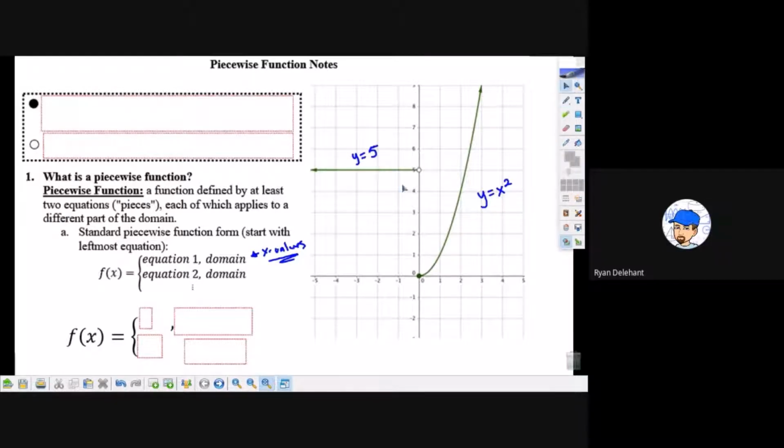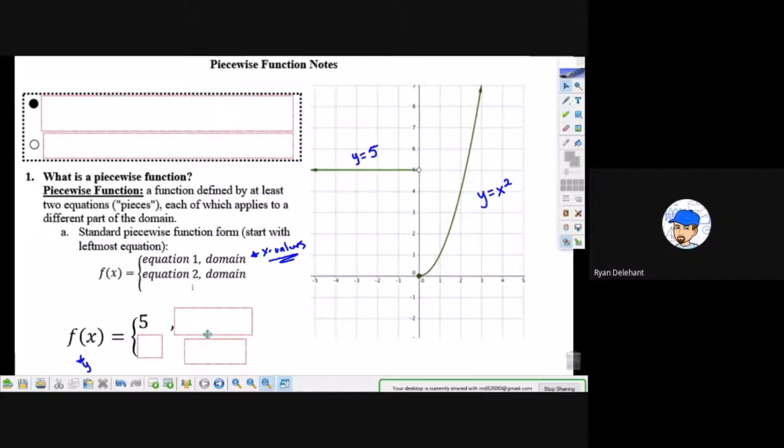What I wanted to show you is when you write it in piecewise notation, the leftmost equation is the y equals 5. This f of x down here, this is the y. So this is y equals, the only thing you need to write inside here for the equation 1 is the number 5, because its equation is y equals 5.